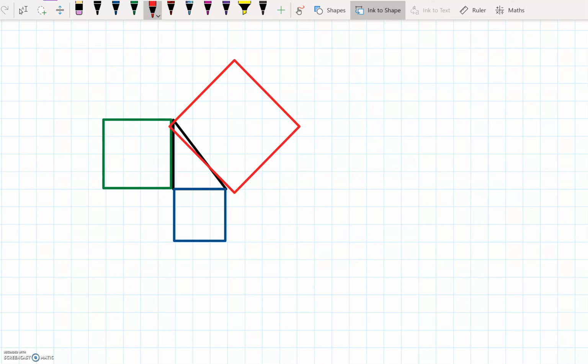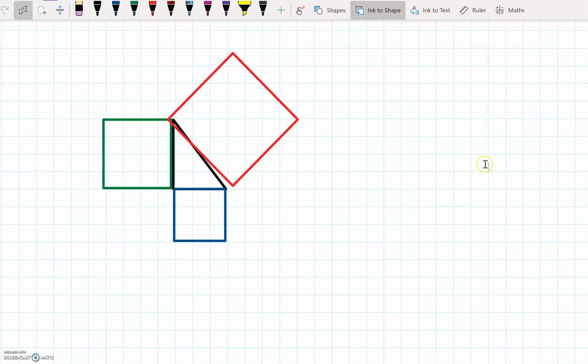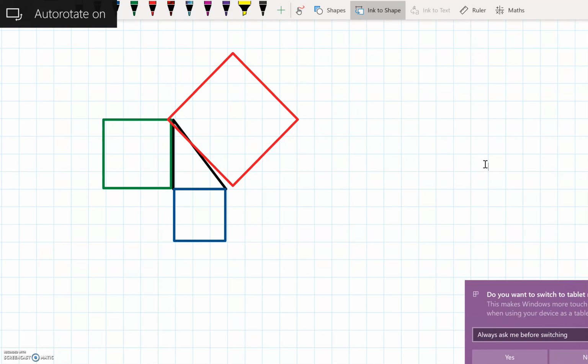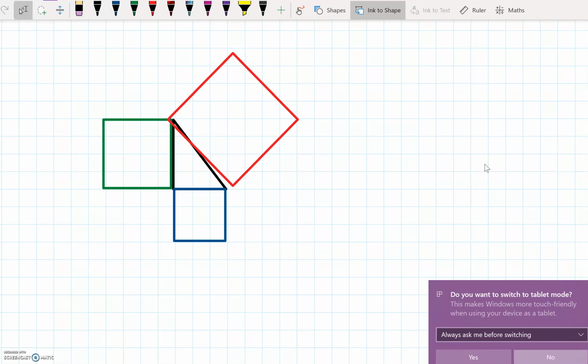Okay, so this is our right angle. We have our two sides. Okay, let's just pretend we got that right. We have our two sides and we have our hypotenuse.